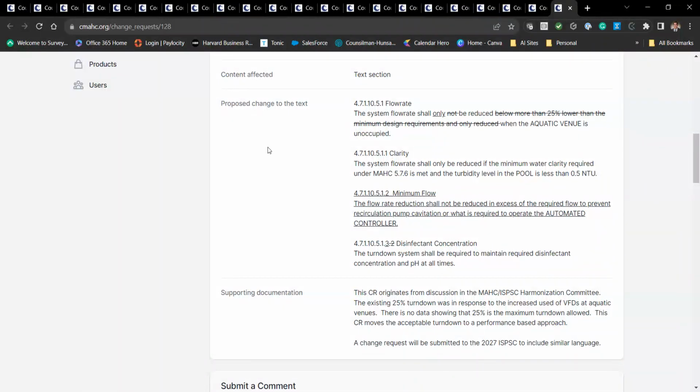Where is it listed, or how will an operator know what the flow to prevent recirculation pump cavitation is? Is that listed on the pump or by the manufacturer? Do we need to have another little sentence that says per the manufacturer instructions? No, I think for two reasons.